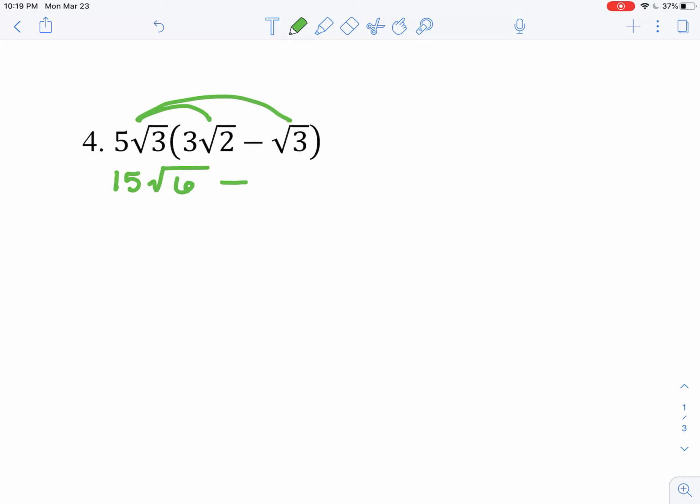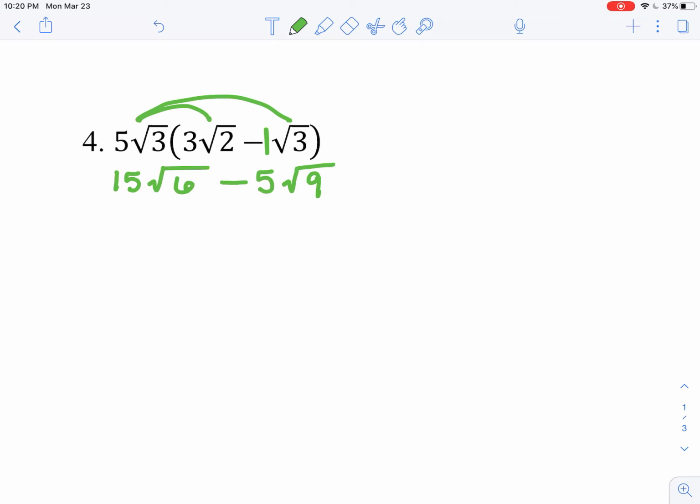When we distribute to the second term in parentheses, here we don't have a number outside of the radical symbol. It's understood to be a 1. So when we multiply the outside numbers together, 5 times 1 is just 5. Underneath of the square root sign, 3 times 3 makes 9.